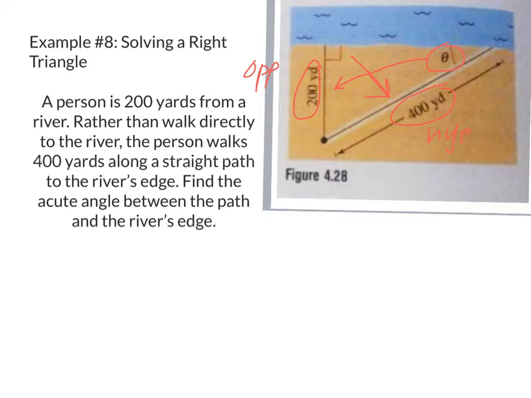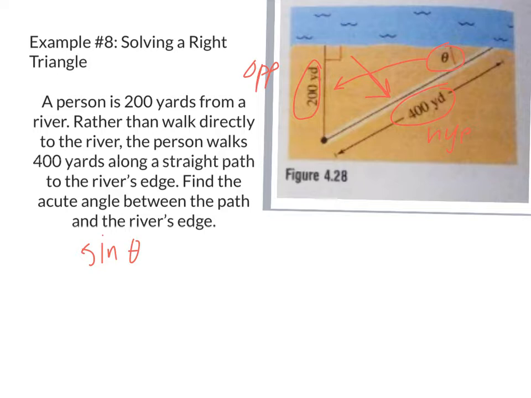So opposite and hypotenuse, the only trig function, and when I say only, I'm talking about the basic version of it, that refers to opposite and hypotenuse is sine. So to find theta, we will use the trig function sine. So sine theta, because again, we have to use theta because we don't know what it is.